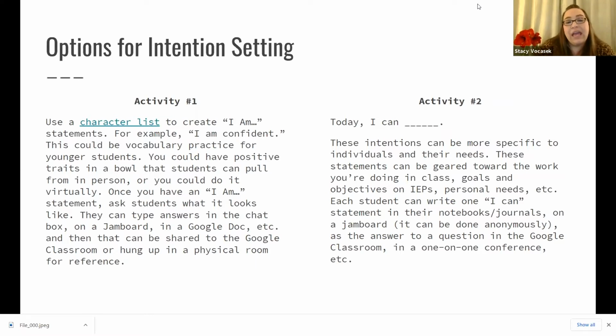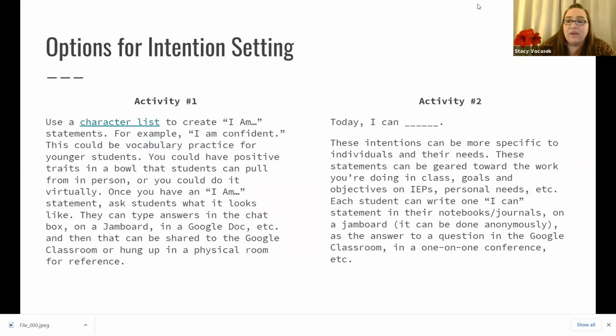What does that look like? Can we find any examples from a book that we read or a movie that we watched? And then they can have that discussion, type into a Jamboard or a Google Doc or something, and have that reference for this is what confident looks like. This is what confident means.